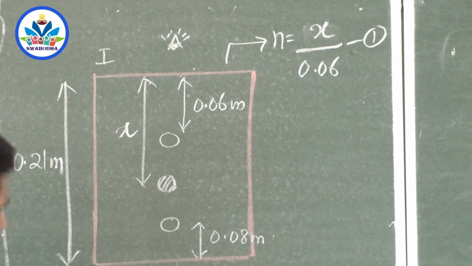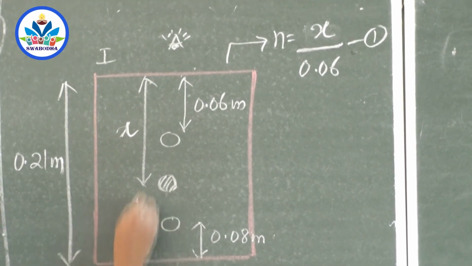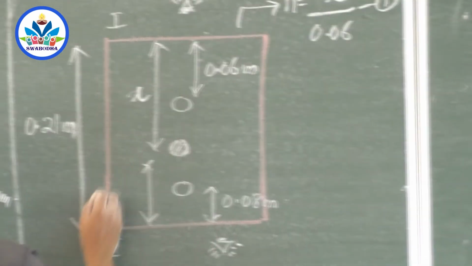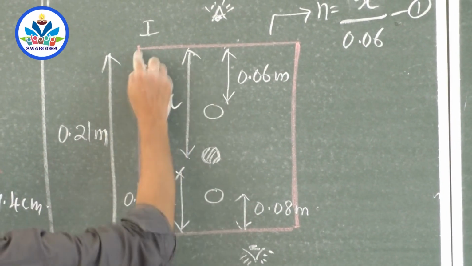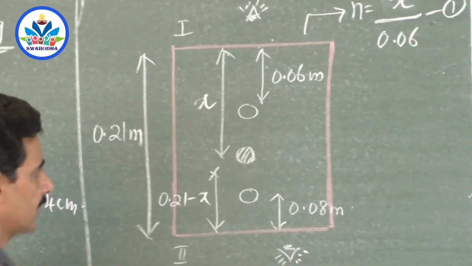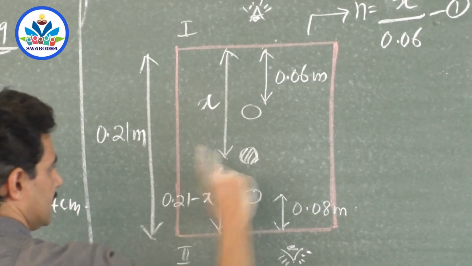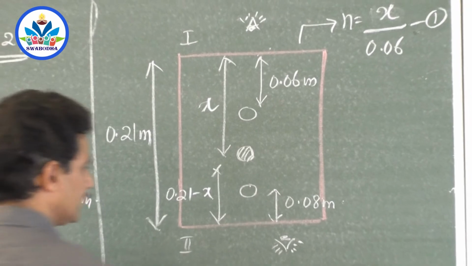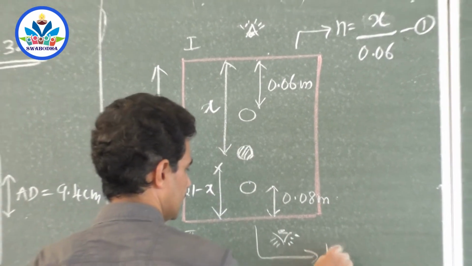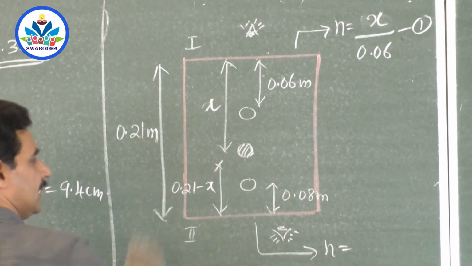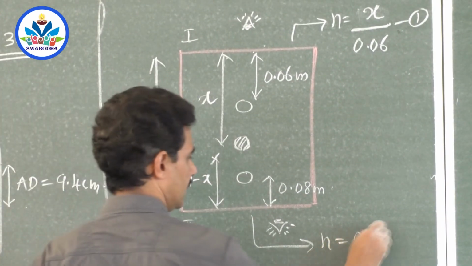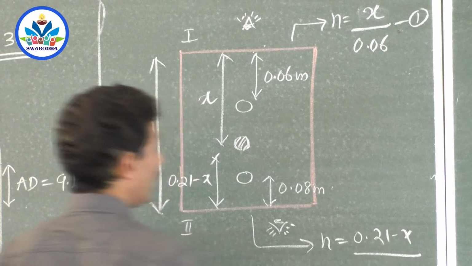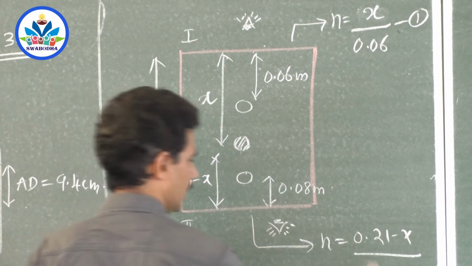Now what is the real depth from the second face? This one. This is the real depth from the second face, that is 0.21 minus X, the total depth, the thickness of the glass cube, minus this X, that is this distance. So if you write the formula from this face, n is equal to, same refractive index, same material, right? Real depth is 0.21 minus X by apparent depth, 0.08.